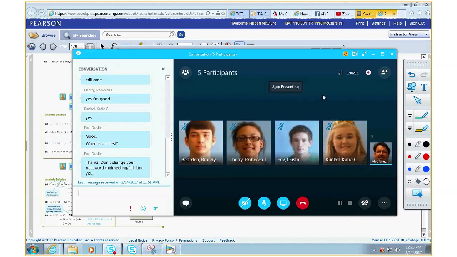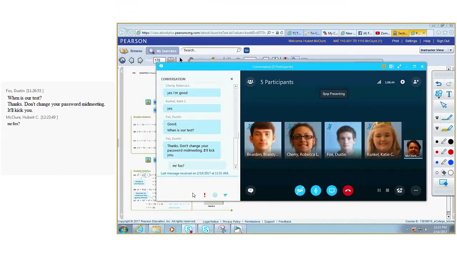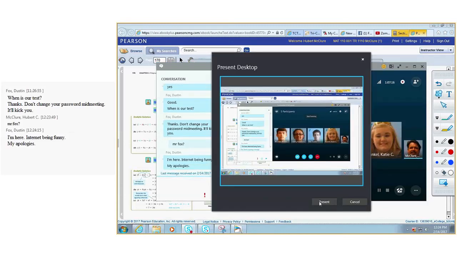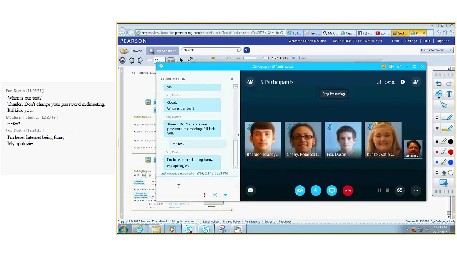Hello, Mr. Fox. Send me a message, Mr. Fox. You there, Mr. Fox? Okay, he's in.